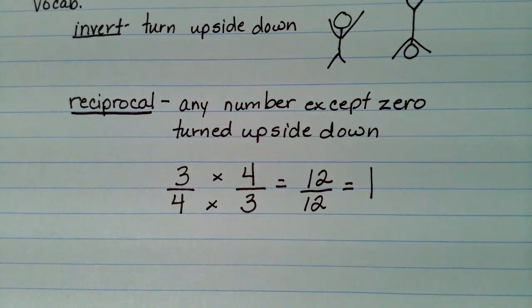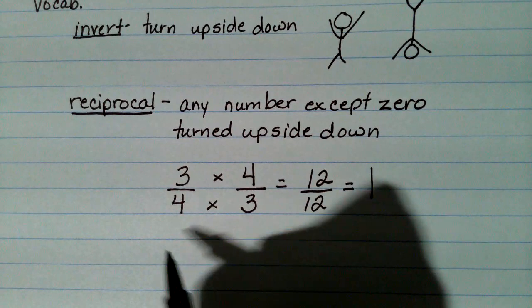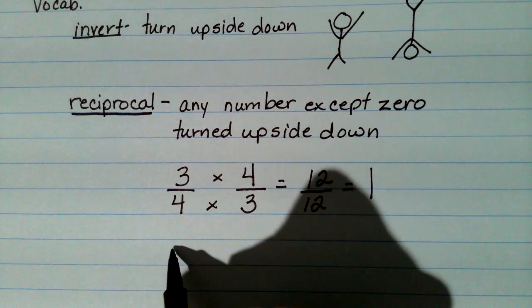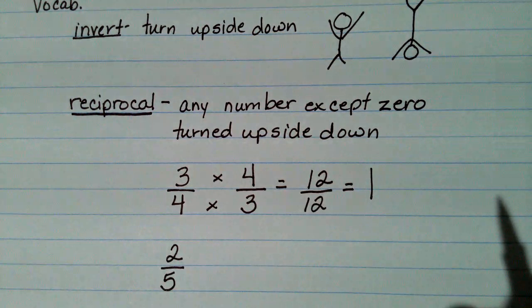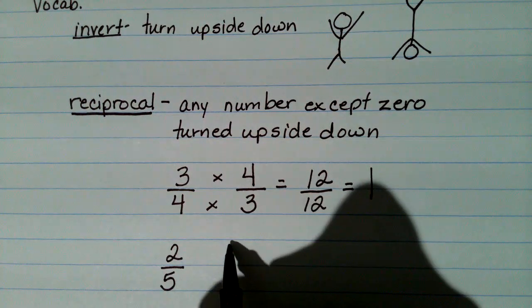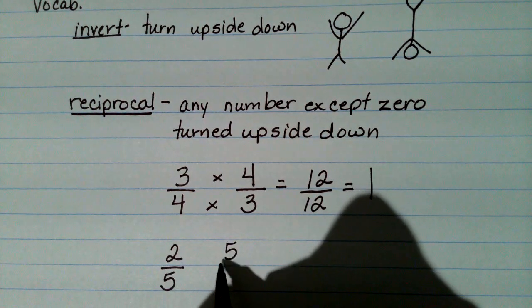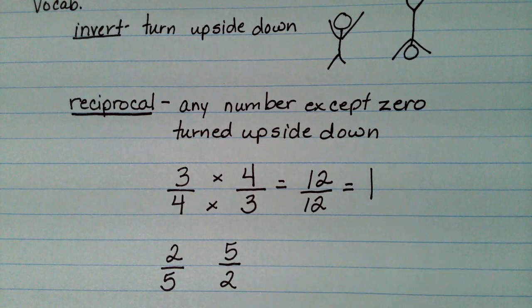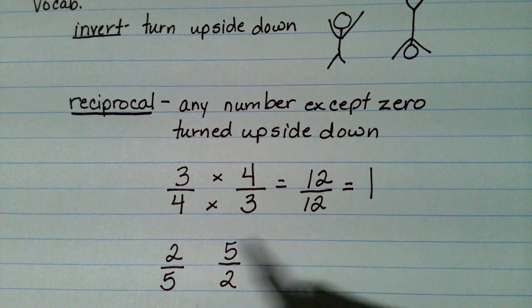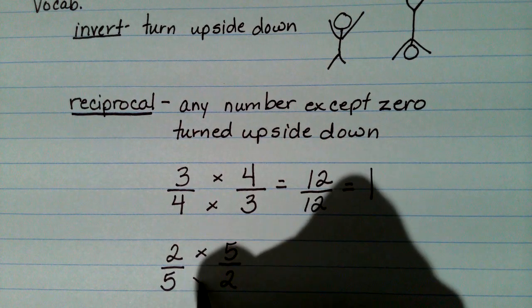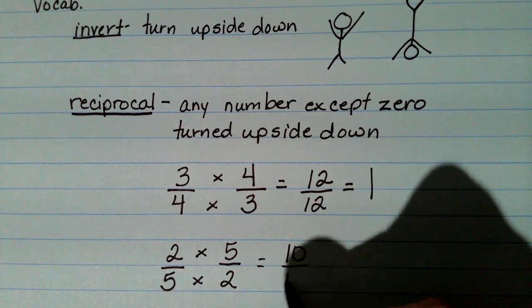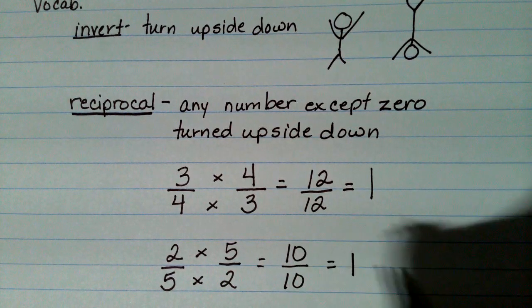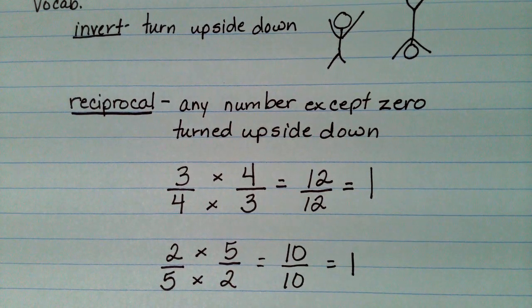So, for instance, if we utilize the number 2/5 and invert it, the reciprocal is 5/2. If we multiply the original times its reciprocal, we end up with 10/10, which equals 1. Pretty nifty so far.